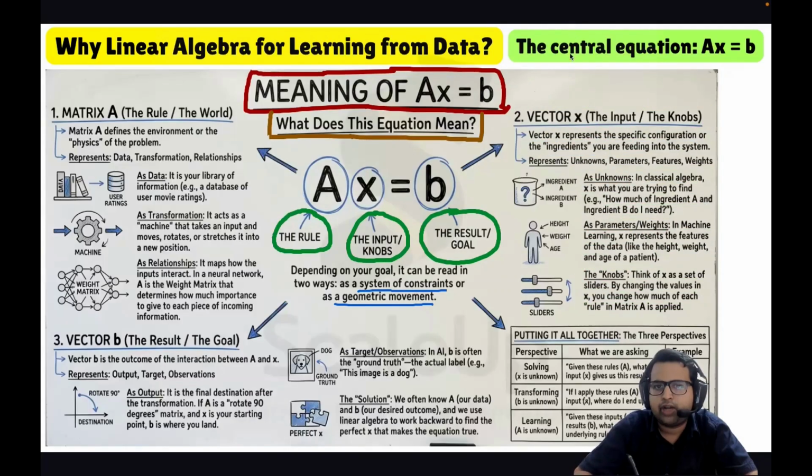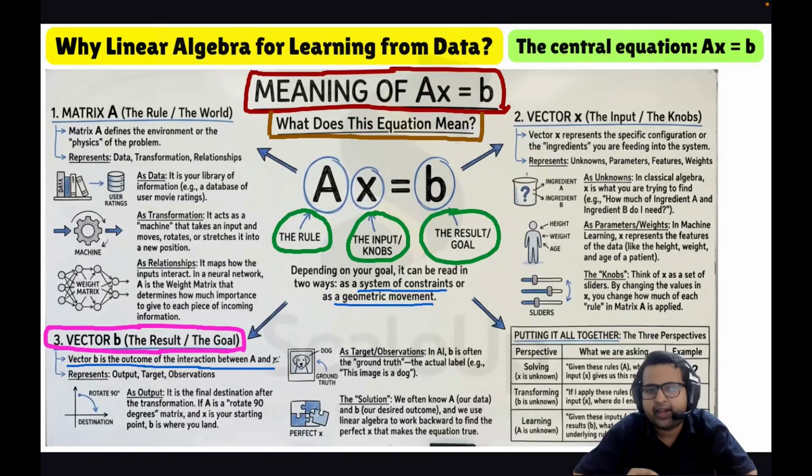Now we can look at the vector b. Vector b is the result, the goal. In simple terms, vector b is the outcome of the interaction between A and x. When A and x interact, the outcome is what the vector b is.